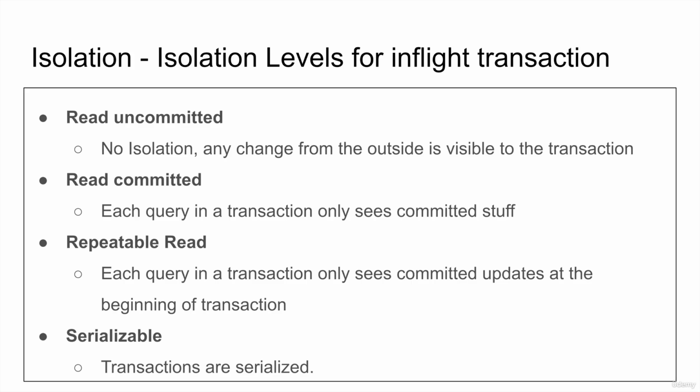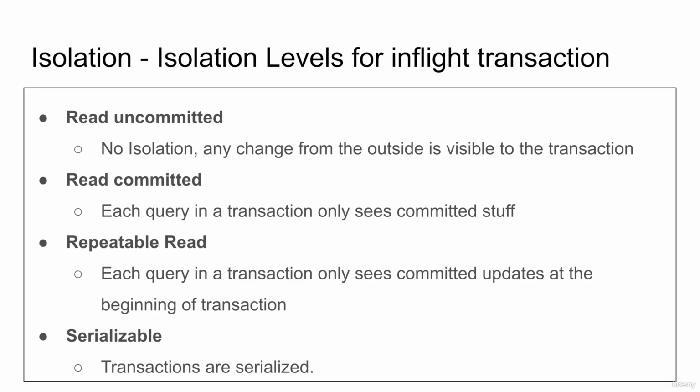Okay. Read committed has a little bit of isolation, and most databases implement that. Most of the time this is one of the best transaction isolation levels, because you're happy to read committed stuff. But here's the thing: each query in the transaction only sees committed stuff at the time of the query.